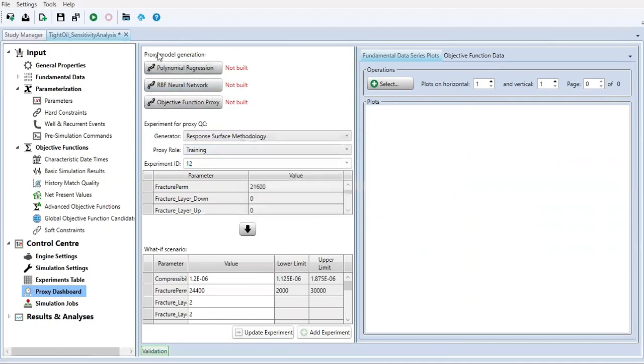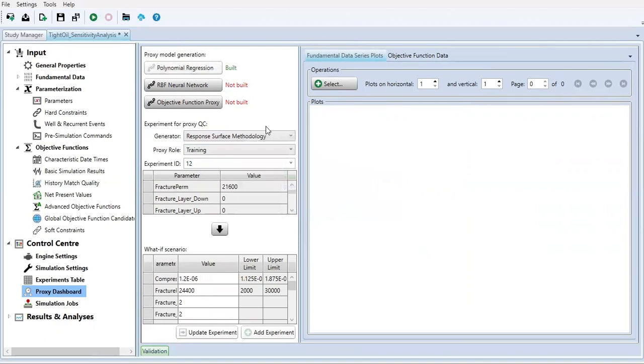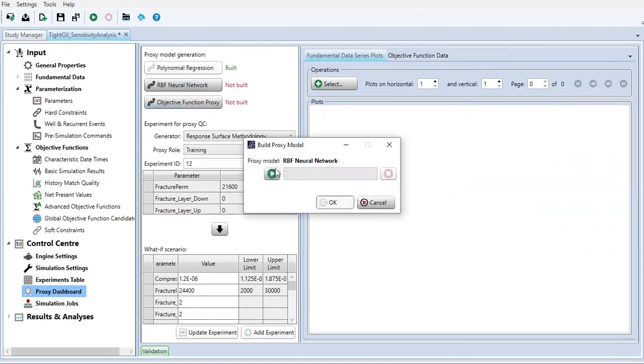All right, so proxy model generation, polynomial regression, and then click on this button. The proxy model is ready for prediction. Okay. Build, and then RBF neural network. Press on that.